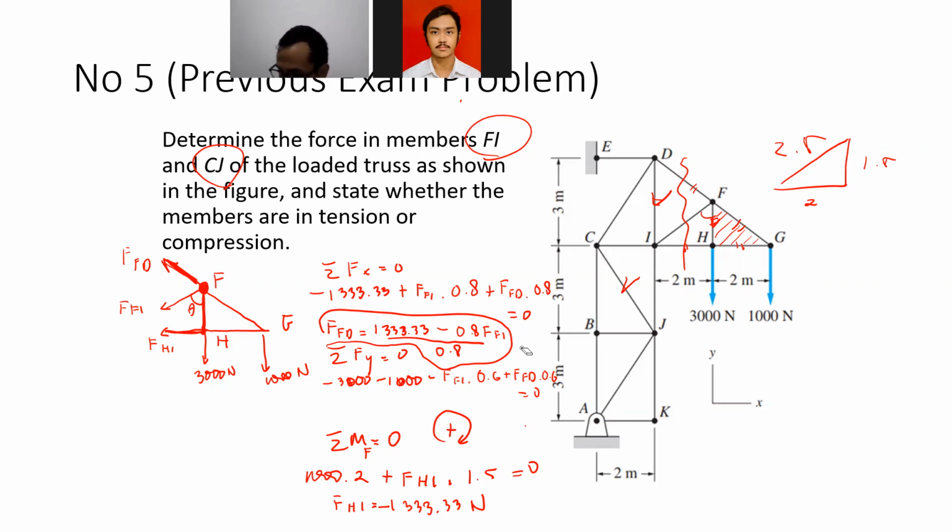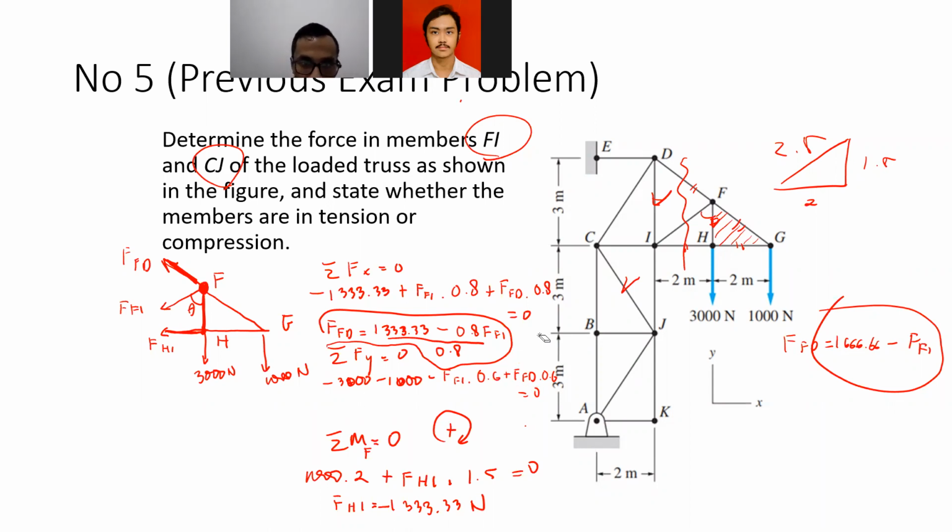So FFD is equal to 1666.66 minus FFI. This is the one that I will substitute to this one.